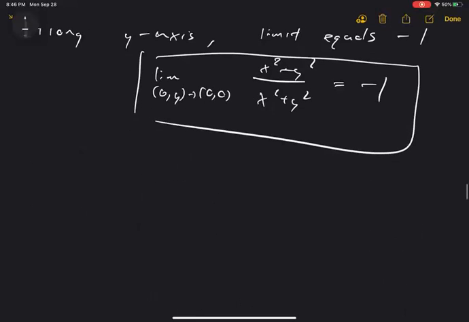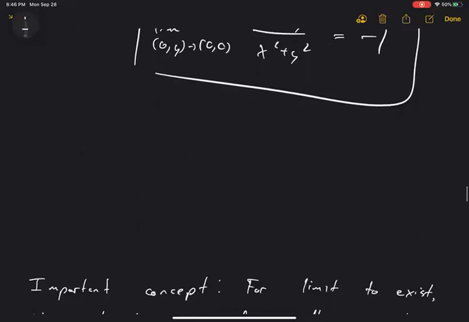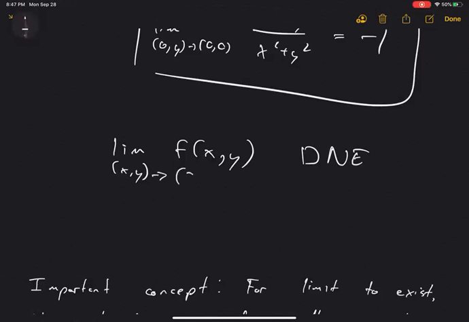So what does this mean? That means the limit of f(x, y) does not exist. So now I'm talking about the limit of f(x, y) in general. I'm not talking about any specific path. That limit does not exist.